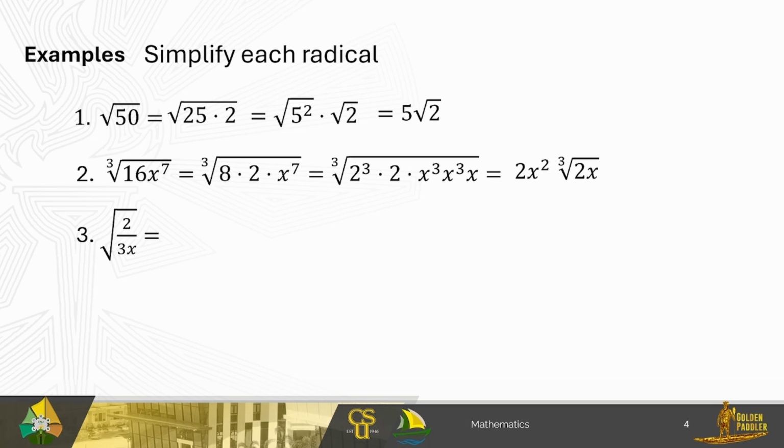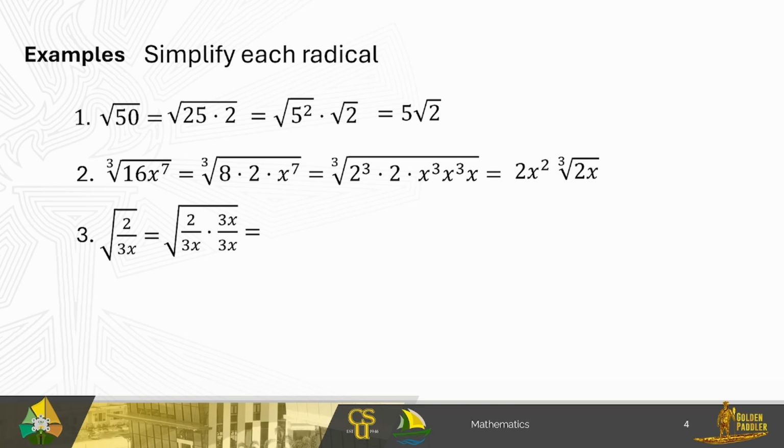Another example, number 3, the square root of 2 over 3x. So again, this is not in simplified form, so we have to rationalize the denominator by multiplying an appropriate form of 1 to eliminate the radical from the denominator.